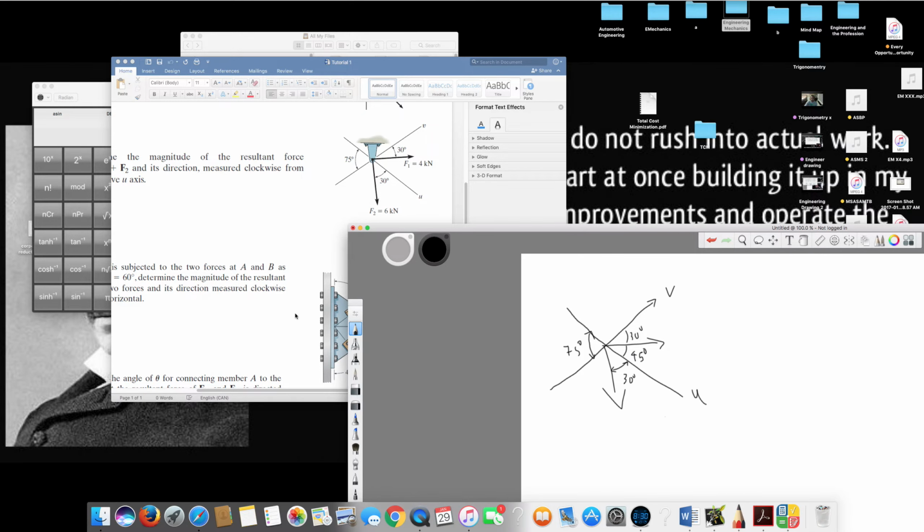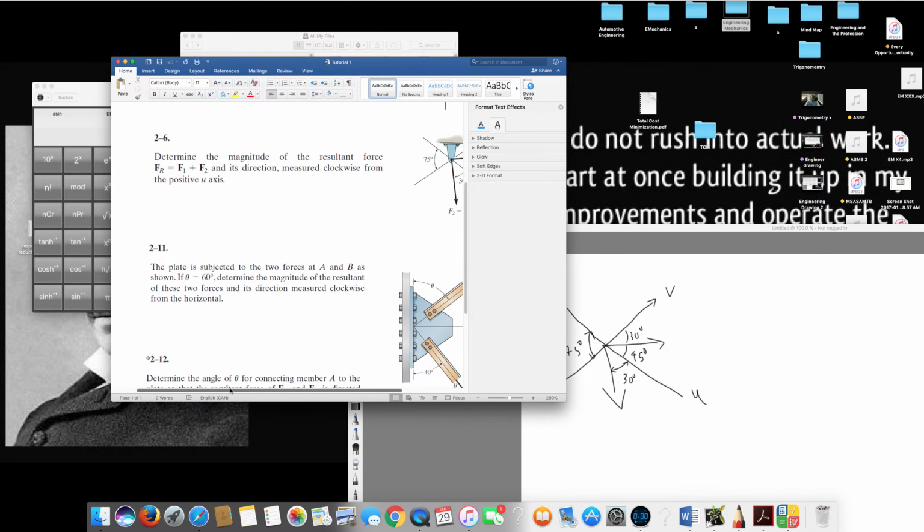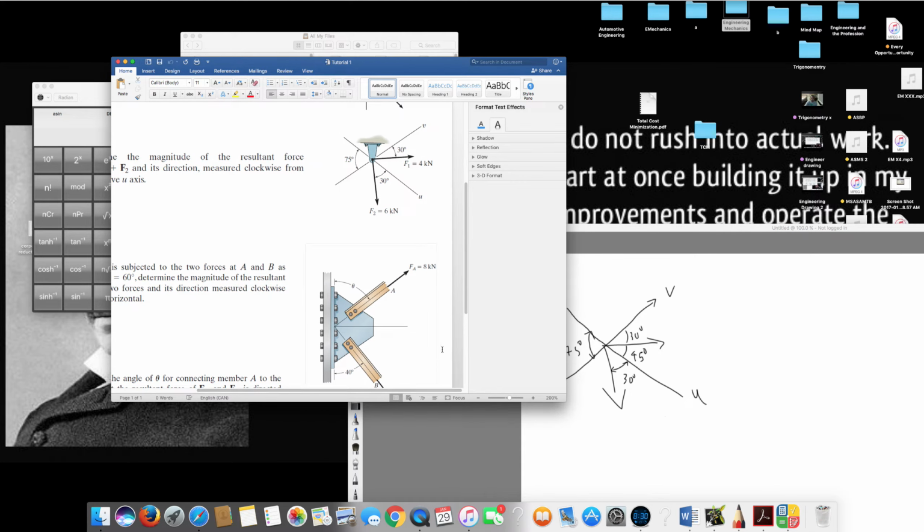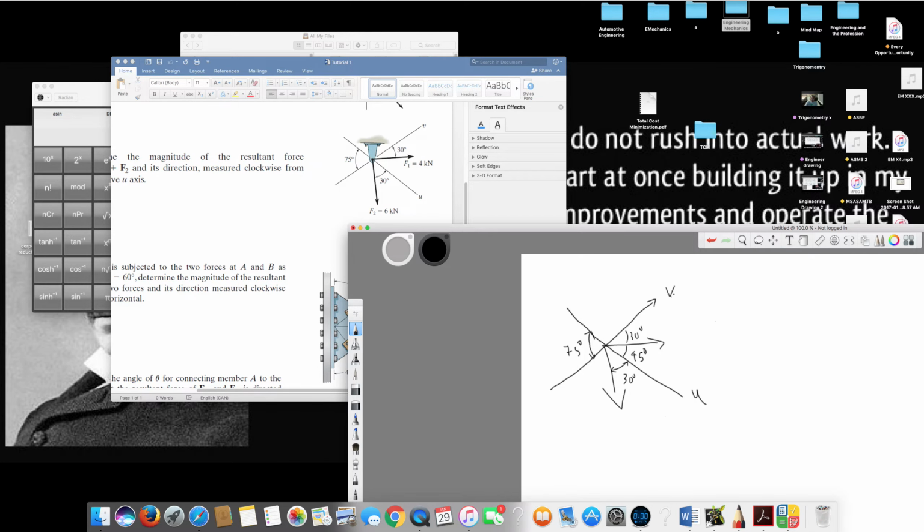The question asks, what is the magnitude of the resultant force? So we have to find the magnitude of the resultant force. Let's find it. So F1 is equal to 4 kilonewtons, and F2 is equal to 6 kilonewtons. So these are the only two forces.